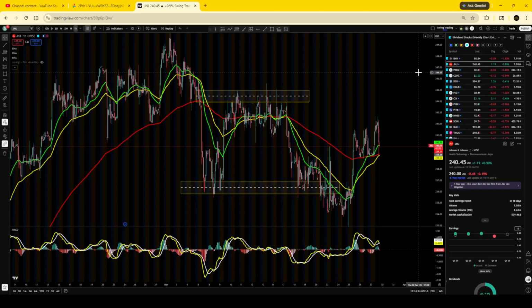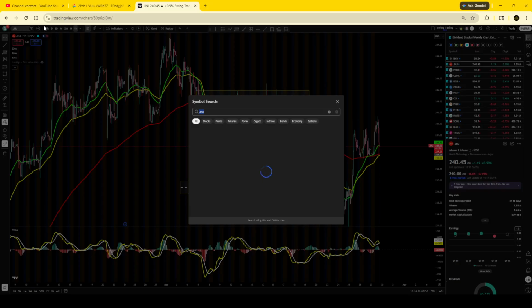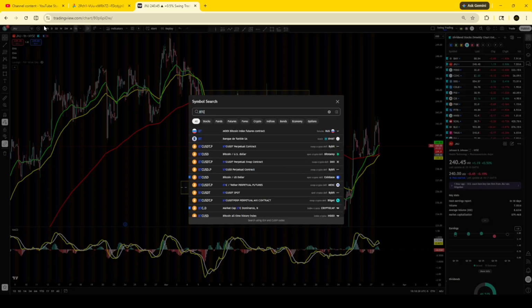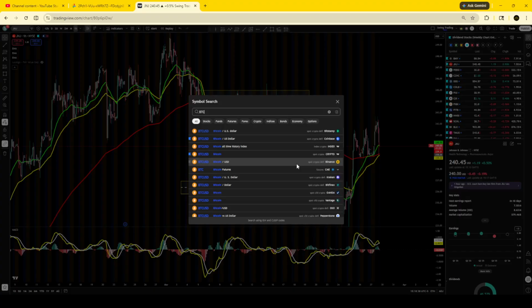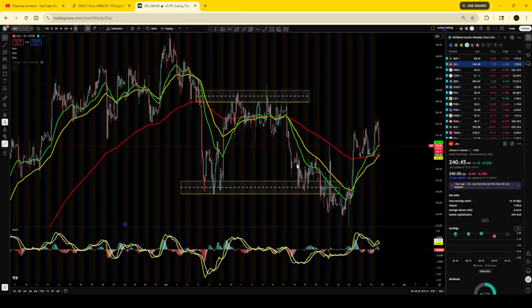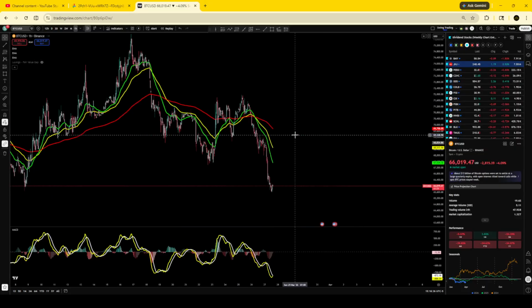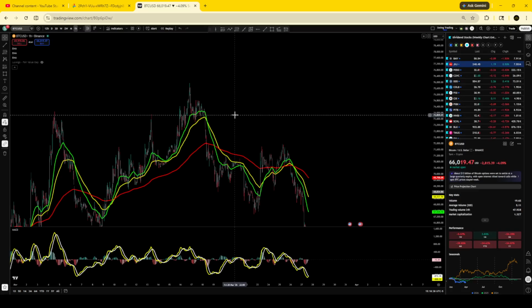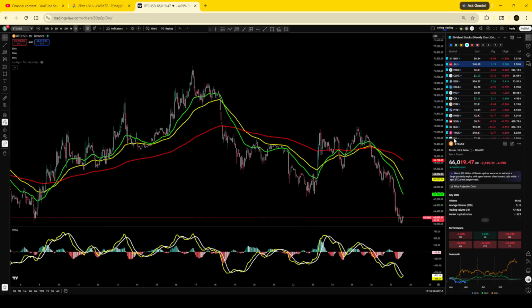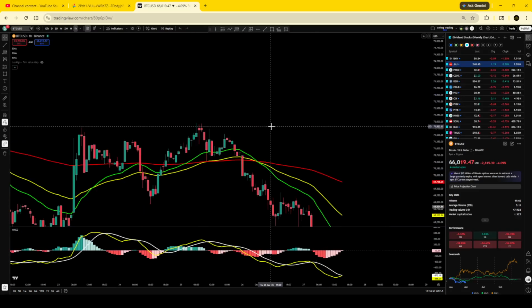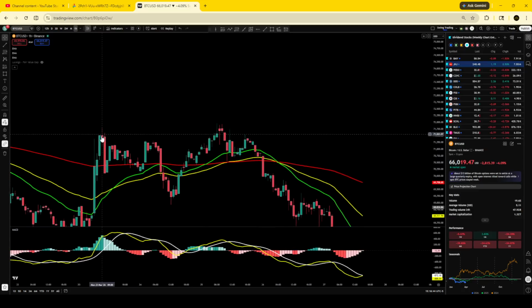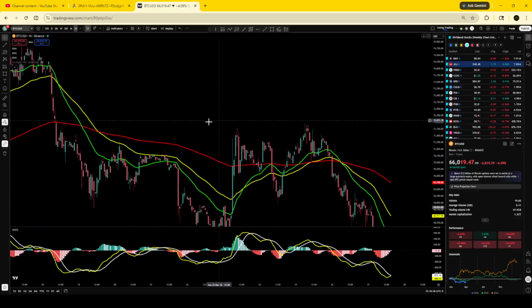Let me change this to a crypto. I don't think I have anything written on this one. All right. So we're on the hour, and we found another resistance up here. It basically started from right here, which is a fair value gap.